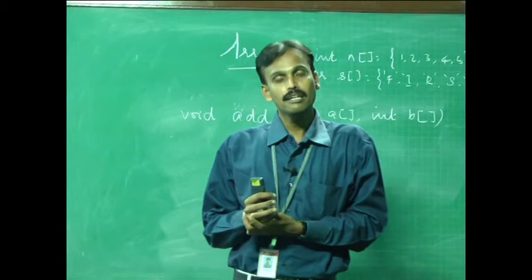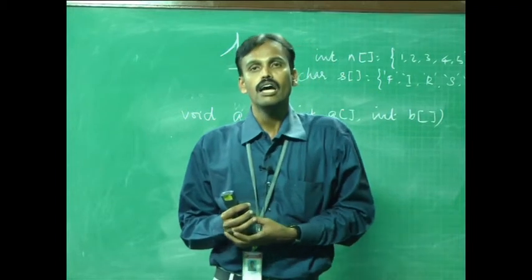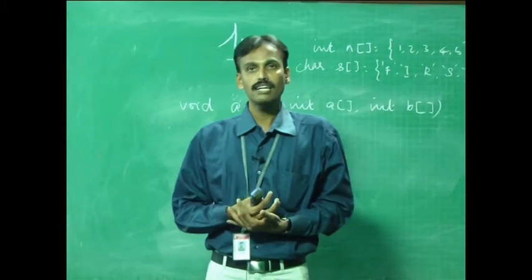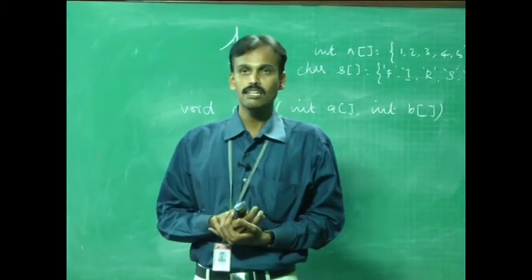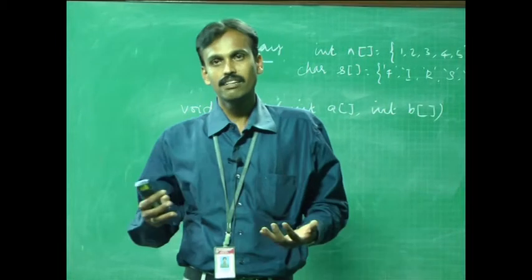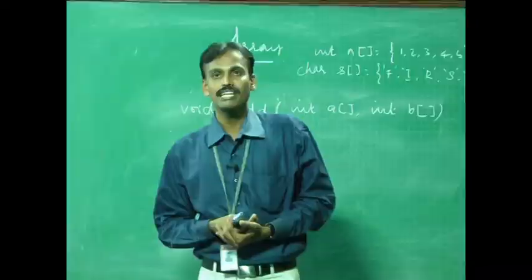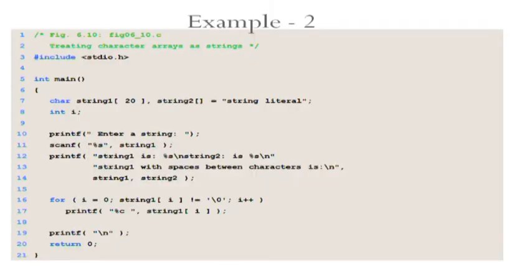Then I try to print the array which has been input in the line before. So that prints string1 is, and the string. String1 with white spaces between characters is string1, string2.